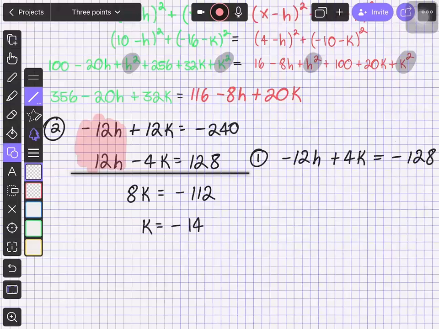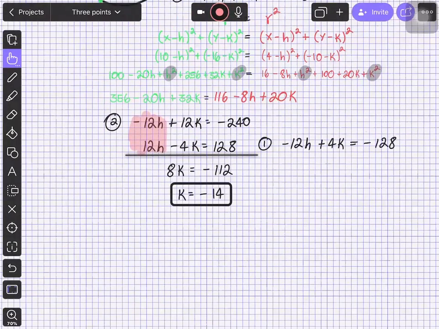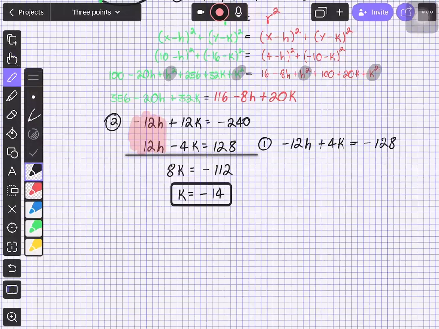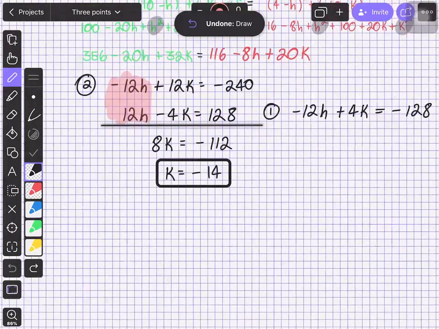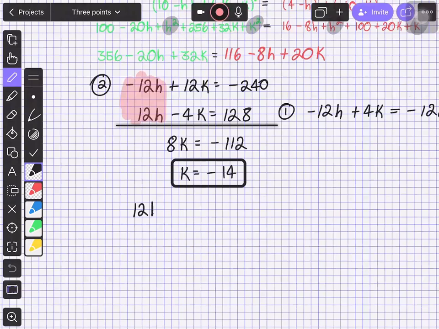So if you see, we have our first variable. Now let's substitute in here to make it easy. So we will have 12h minus 4 times negative 14 equals 128. 12h will be 128 minus 56.